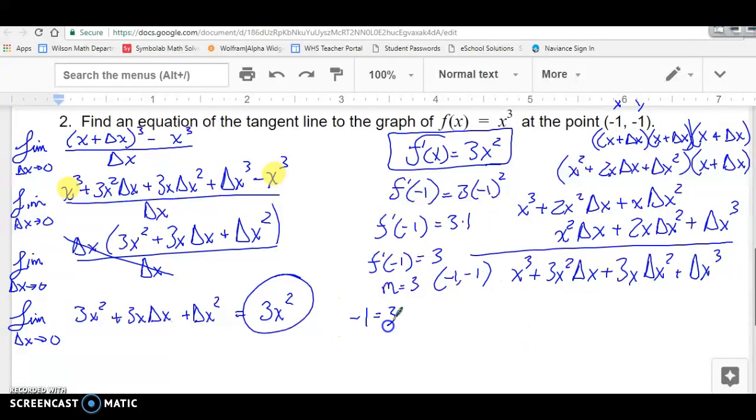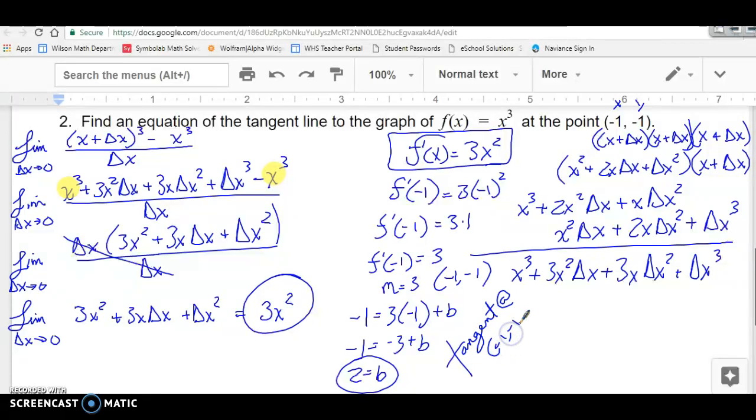Using y = mx + b, when I solve for b here, I'm going to get positive 2. So my tangent line equation at (-1, -1) is y = 3x + 2. And there's your tangent line.